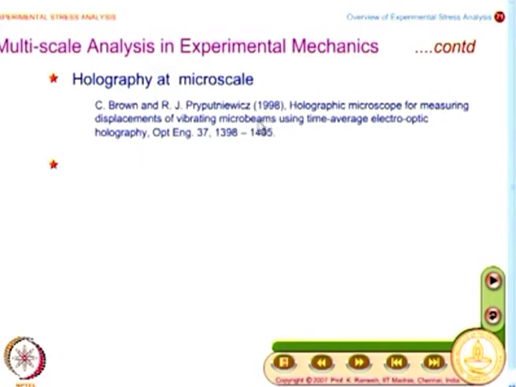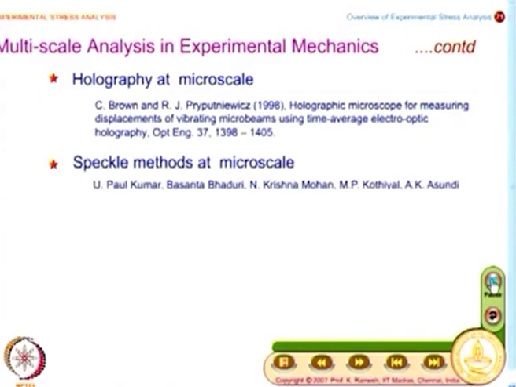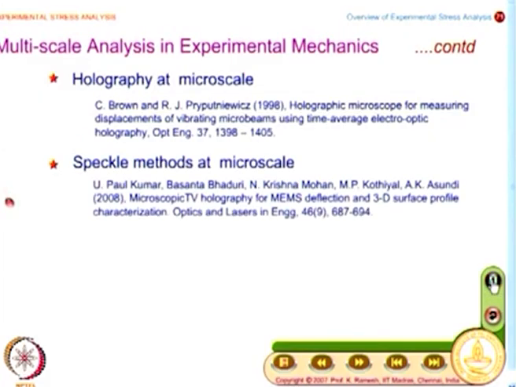So, micro beams, all these have become important from nano level studies now. People are going in for miniaturization. So, you have to find out whether these components are stable at those scales.